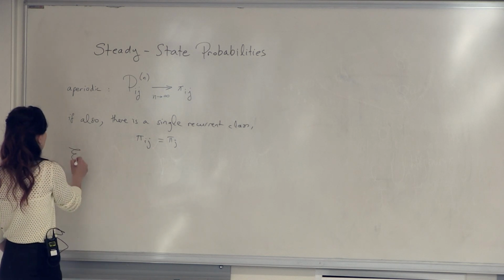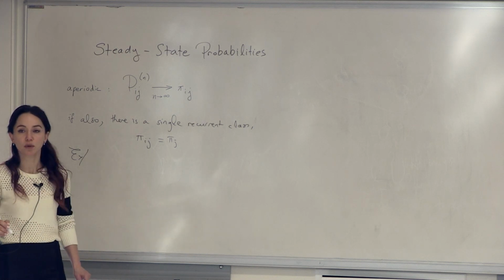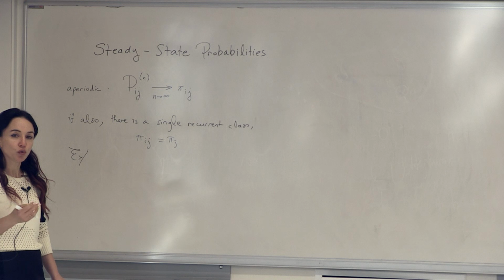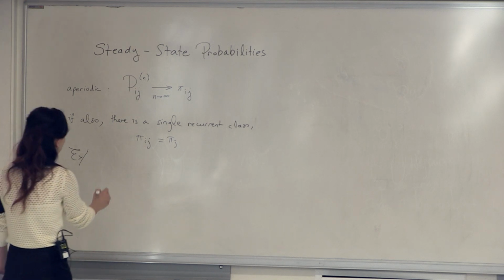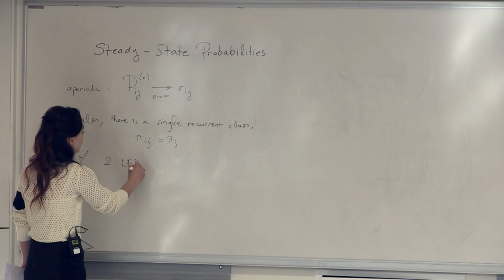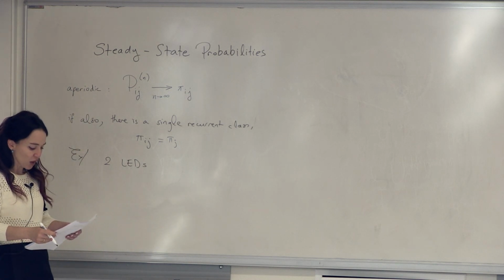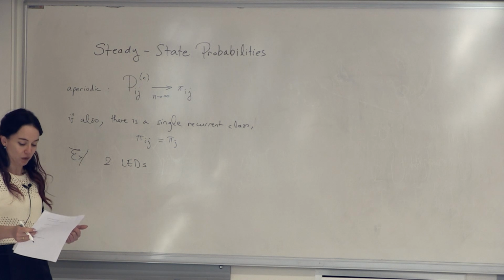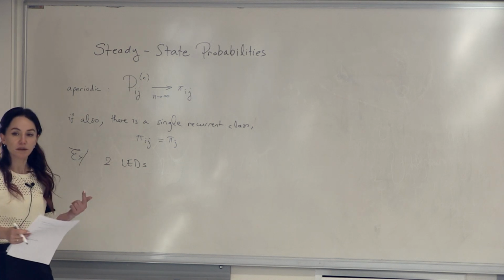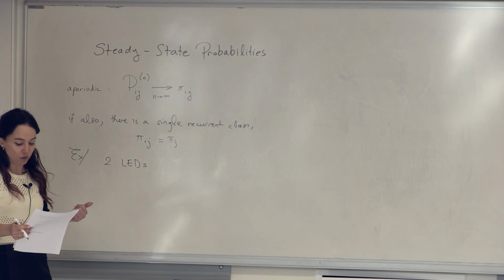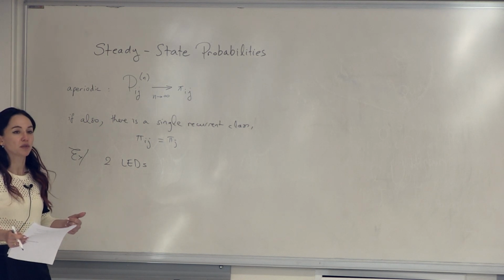First of all, let's consider this example with three states. There are two LEDs in a room, and this problem is available in your lecture notes, controlled by two switches in the following way. Switch 1 toggles the state of one of the LEDs chosen equally likely at random.